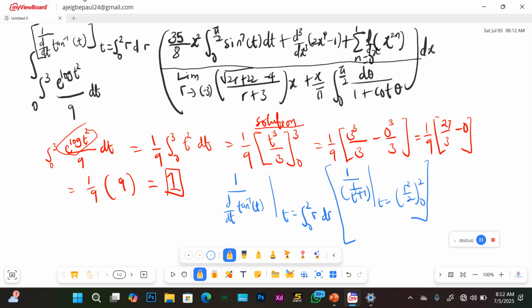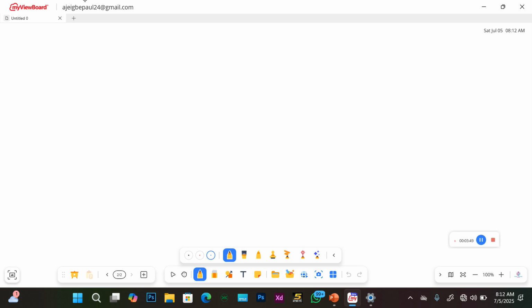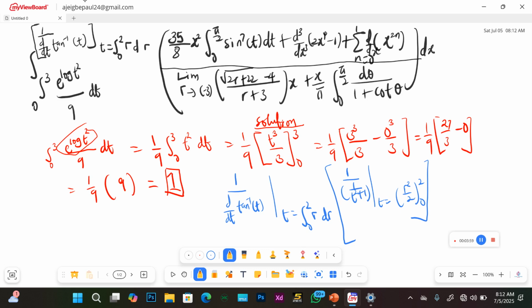1 divided by 1 over t squared plus 1 will be t squared plus 1. Then t is from this integral, t is equal to r squared over 2, from 0 to 2.